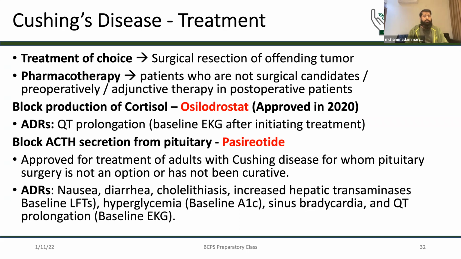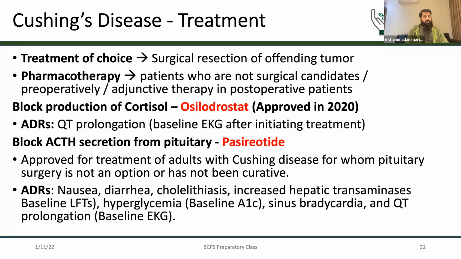It is approved for treatment of adults with Cushing disease for whom pituitary surgery is not an option. So if we cannot remove the adenoma or the tumor in the pituitary, then we can use pasilotyde, which is a somatostatin analog. There are many adverse effects associated with it: nausea, diarrhea, cholestasis, increased hepatic transaminase.